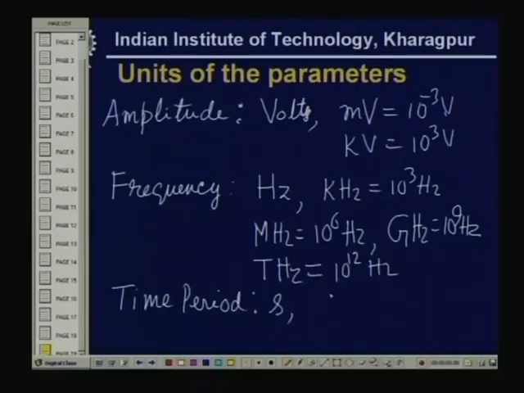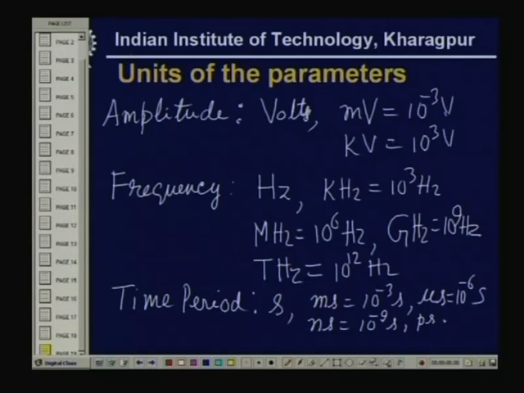We can write millisecond, which is equal to 10 to the power minus 3 second, or microsecond, 10 to the power minus 6 second, or nanosecond, 10 to the power minus 9 second, or picosecond, 10 to the power minus 12 second. So, these are the various units for amplitude, frequency and time.